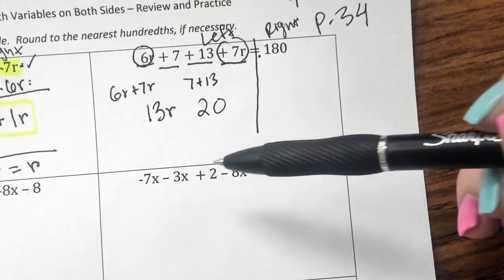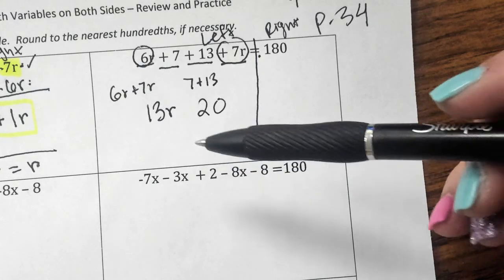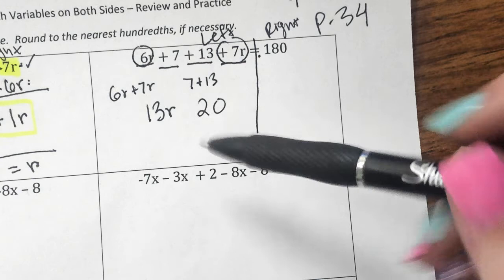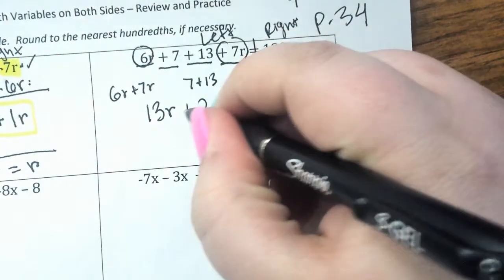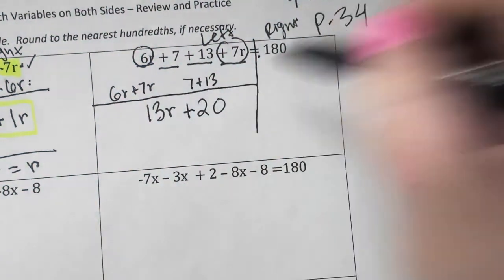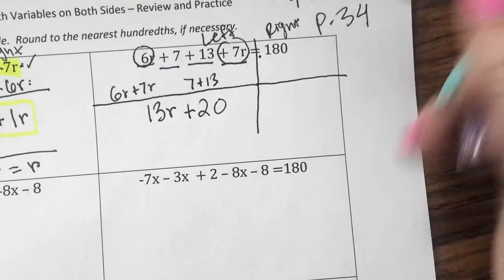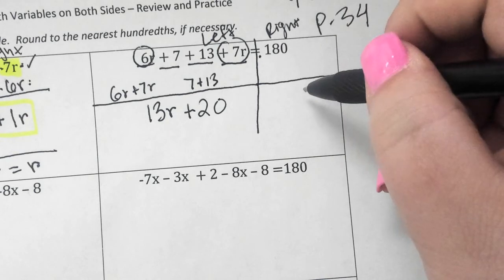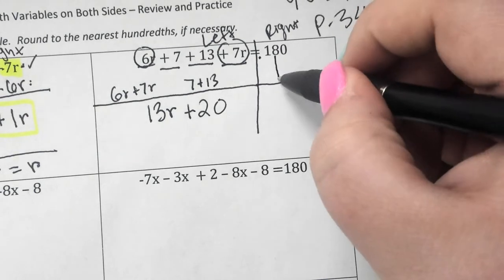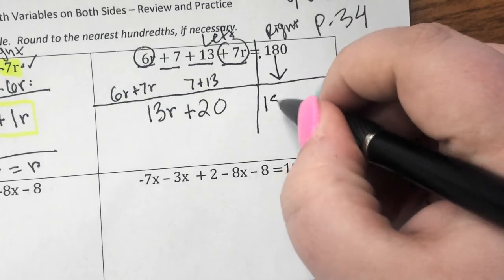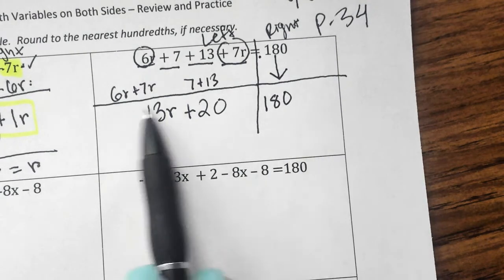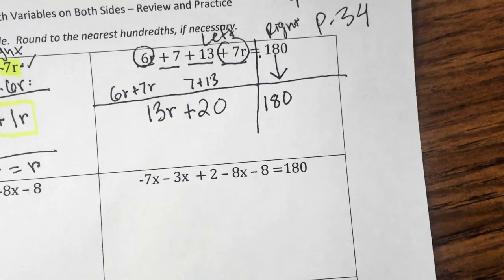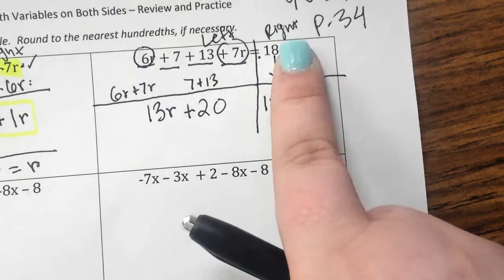So what do I put between 13r and 20? A plus. Great. We already said we didn't have anything to combine on the right side, so I'm just going to drop down the 180, for no mathematical reason other than just to have the equation all on one line, so I don't have to look at two different spots for one equation.